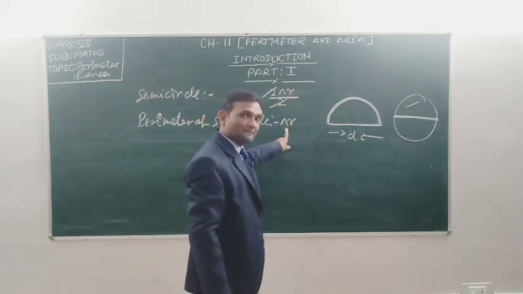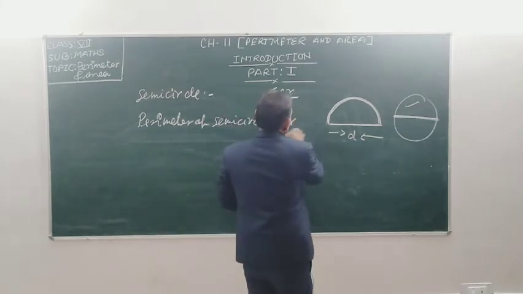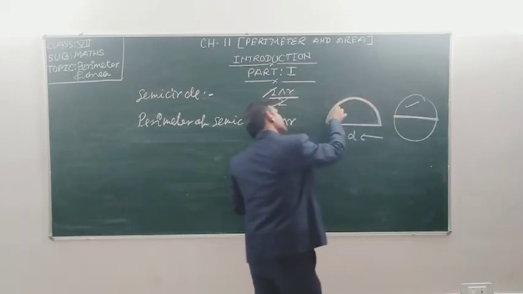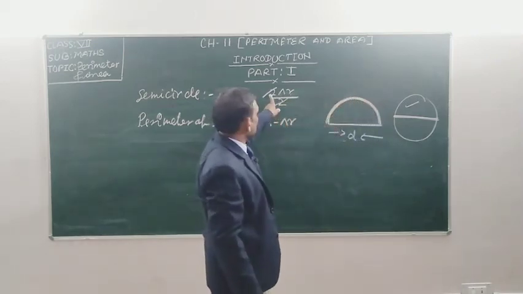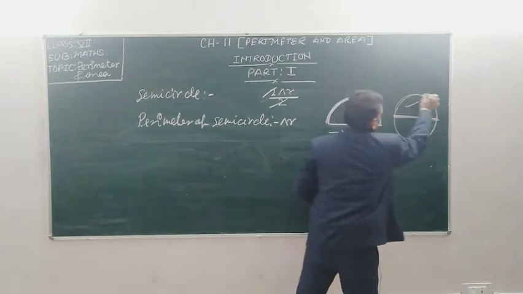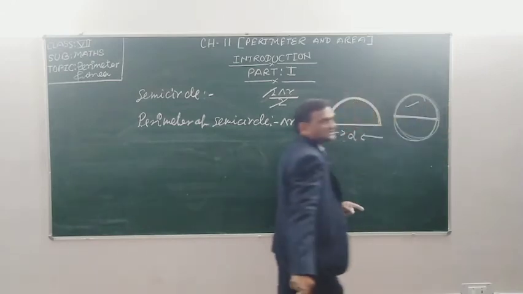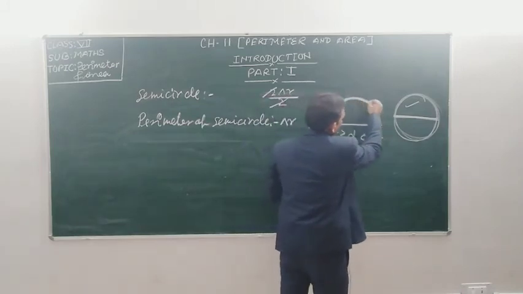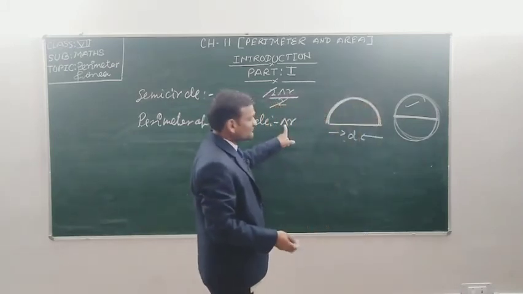So you will write pi r. But student, this pi r belongs to this distance, half distance. 2 pi r is the full distance, but pi r belongs to the half distance.